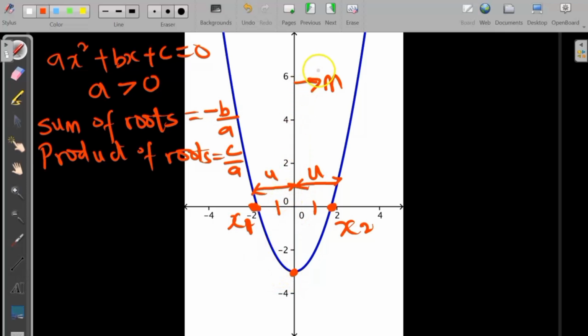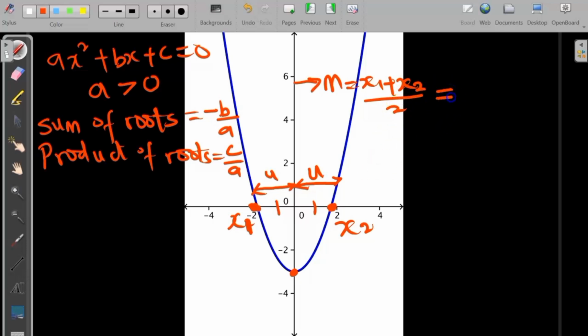To get the line M, I will add x1 to x2 and take the midpoint. So M is the sum of the roots divided by 2.